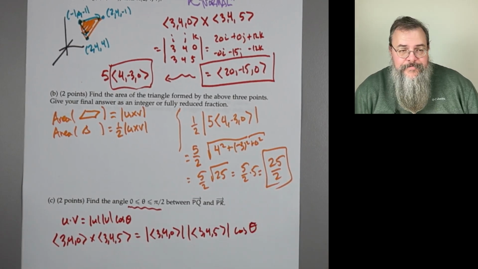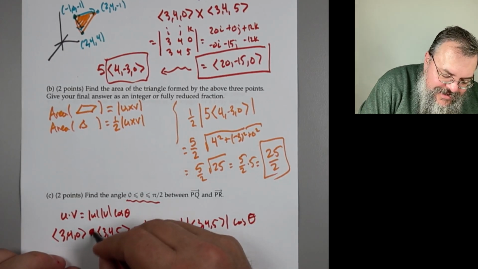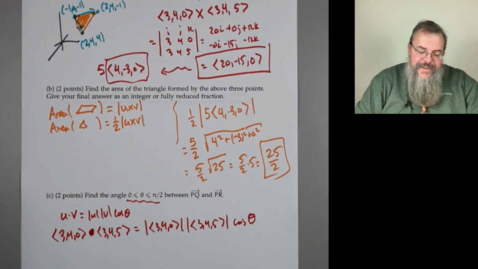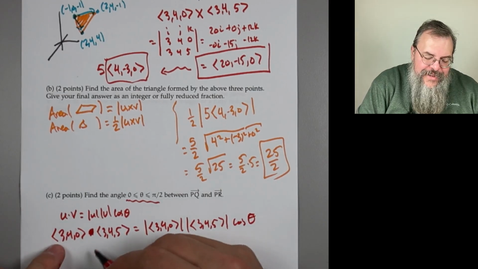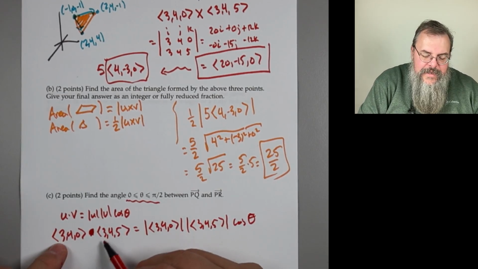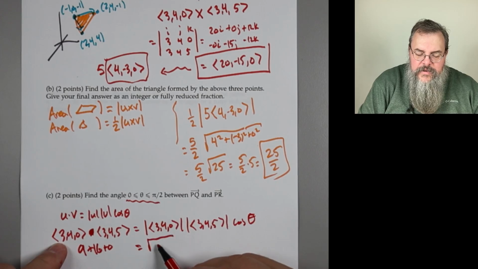Now, 3, 4, 0, sorry, not cross, dot. I know how to copy. Well, sometimes. Okay, so the dot product, you get 9 plus 16 plus 0 equals, here, the square root of 9 plus 16 plus 0.